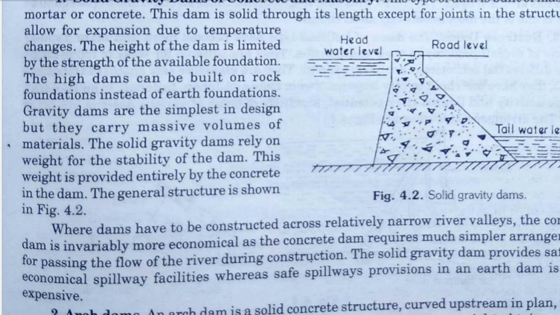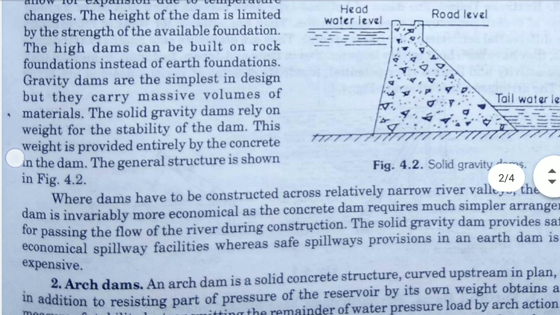Gravity dams are the simplest in design, but the disadvantage is that they carry a massive volume of material, meaning the volume required for construction is very high. The stability of the dam comes from its weight, and this weight is provided entirely by the concrete in the dam.